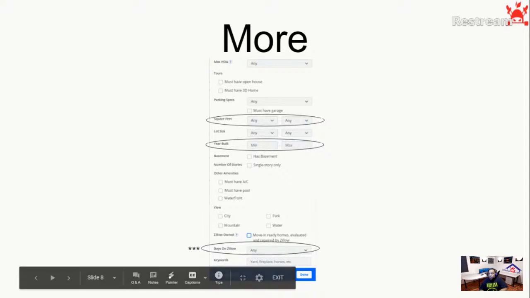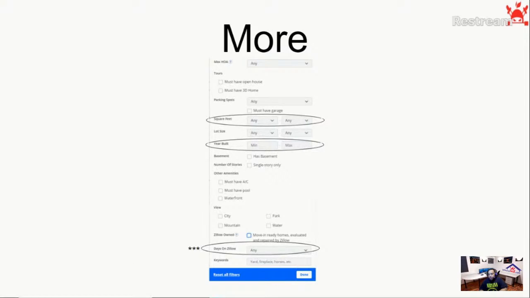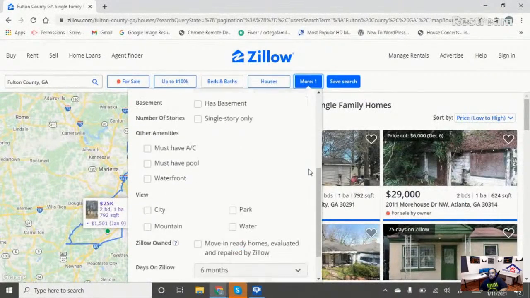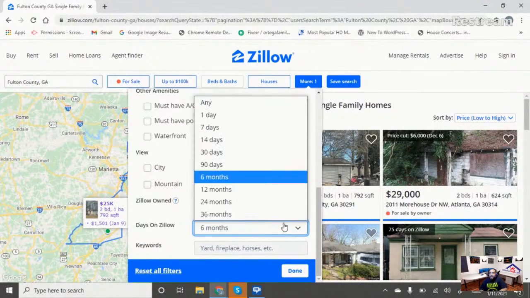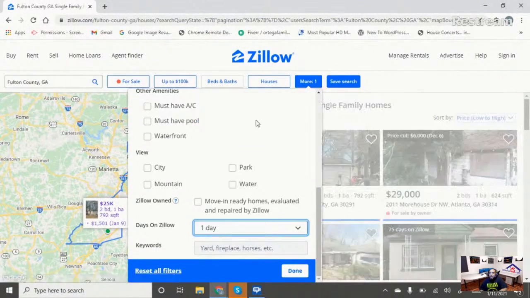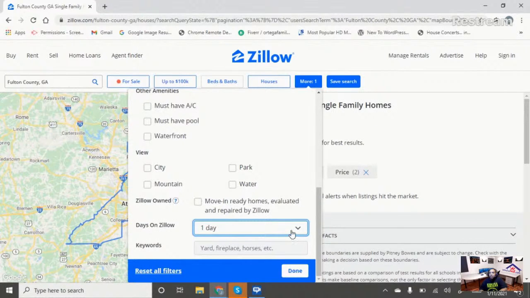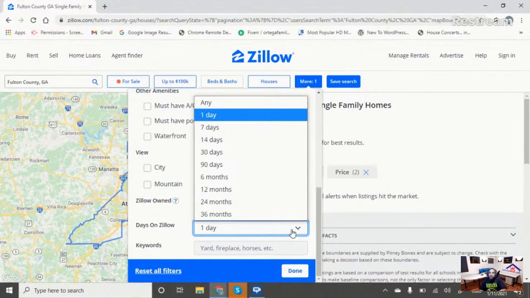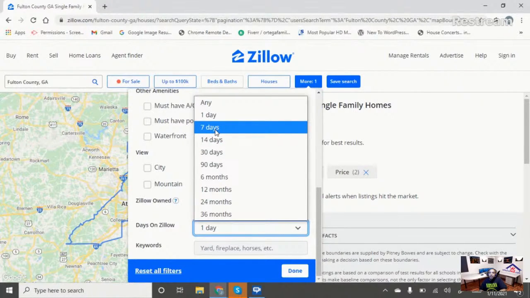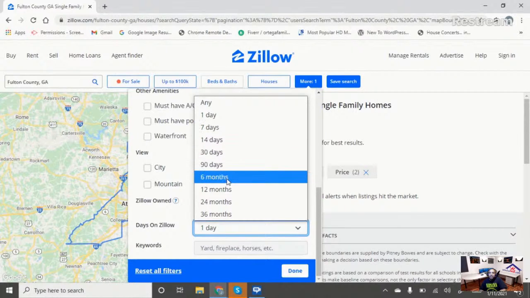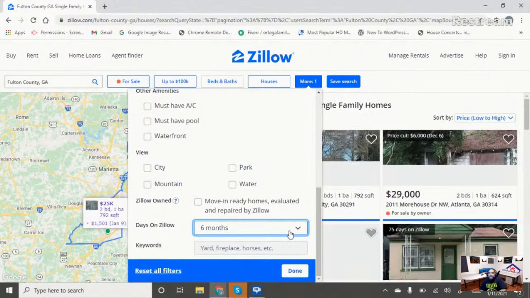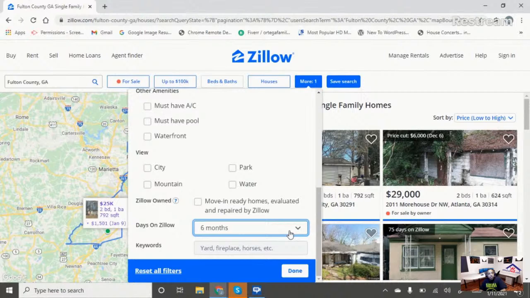Let me go to the website so I can show you. This is where you set up how old the properties are, meaning how long they've been on the quote unquote market. I would say how long they've been on Zillow. So if they've been on Zillow for 6 months, for example, then the owner's probably motivated to sell.